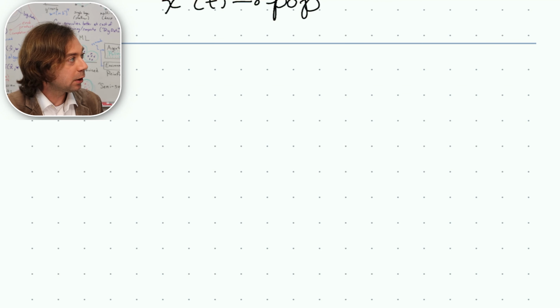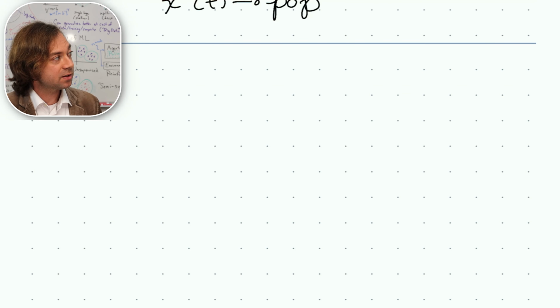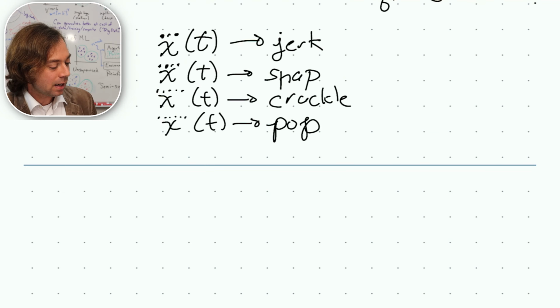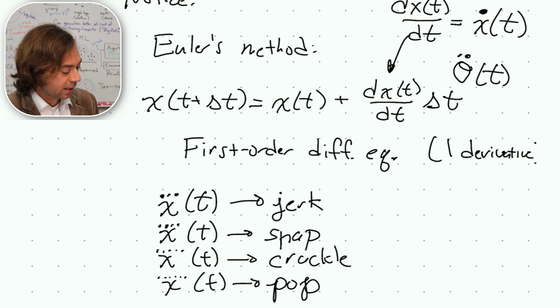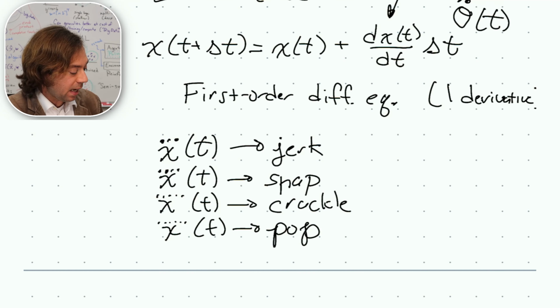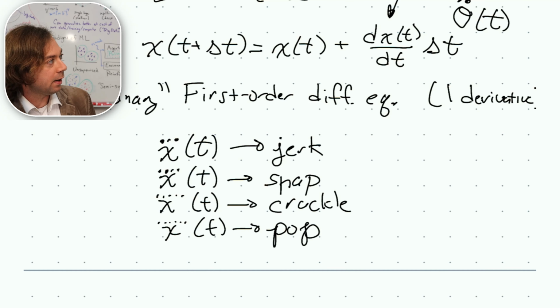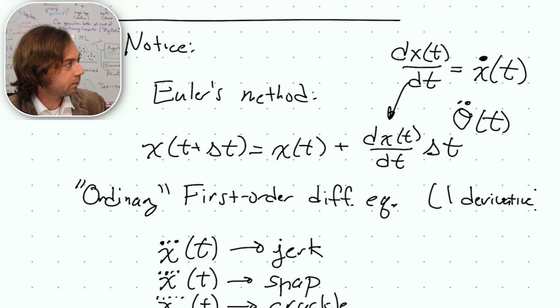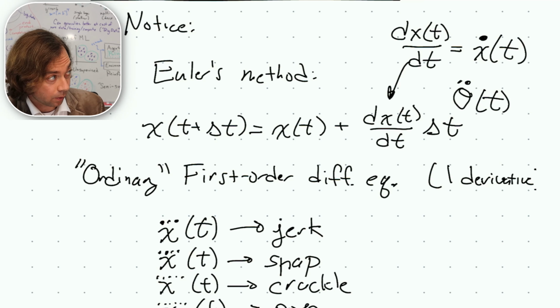All right. But the point is, we're going to have to deal with higher order derivatives. Another thing you'll notice is that there's only a derivative with respect to time, right? There's no derivative with respect to space, or any other variable. That means it's what we call an ordinary differential equation, okay?